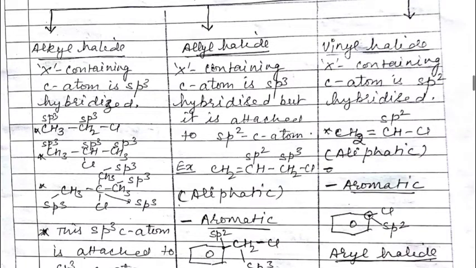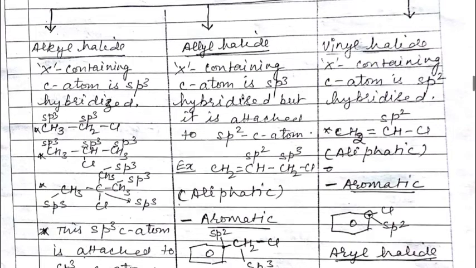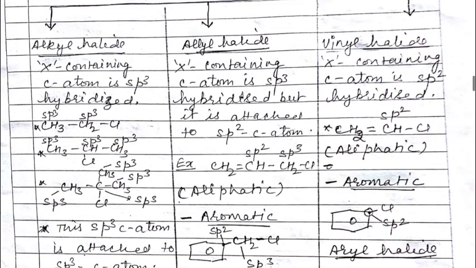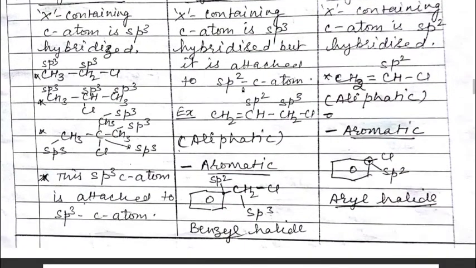So second category of halogen derivatives is allyl halide. Allyl halides are those halogen derivatives in which halogen containing carbon atom is sp3 hybridized, but this sp3 hybridized carbon atom is attached to sp2 hybridized carbon atom.